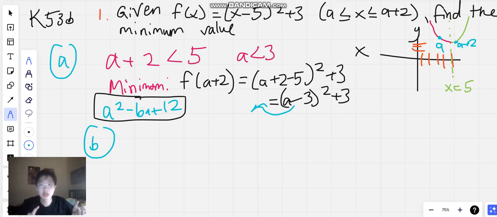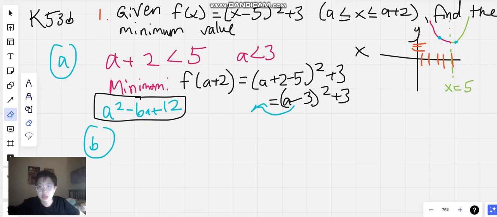So remember, think about the intervals as sliders. So when is the minimum not the vertex anymore? We could say that, so as long as a and a plus 2, they kind of trap the vertex, we know that the minimum is going to be at the vertex, right?